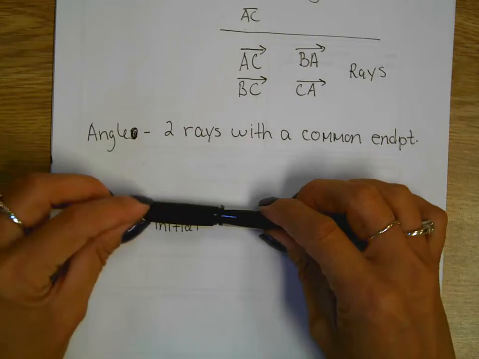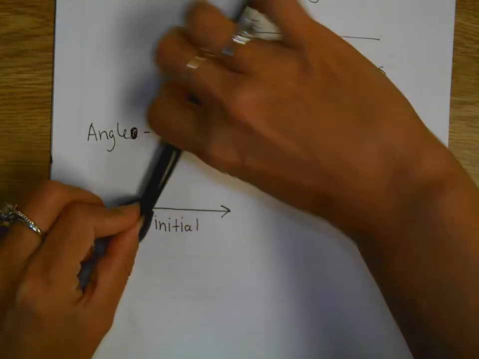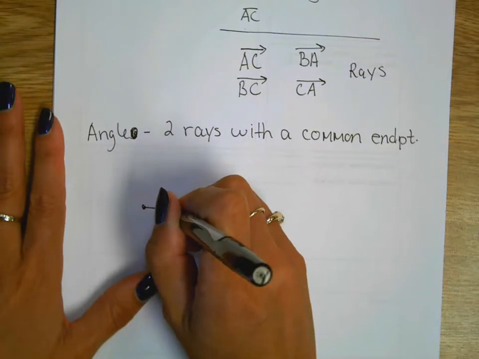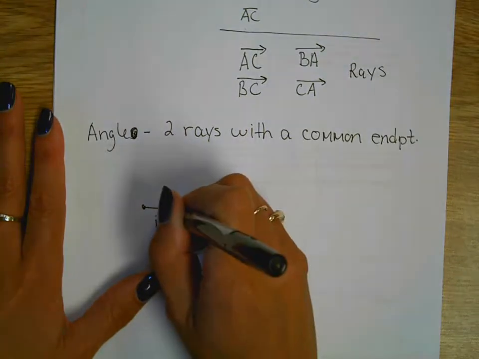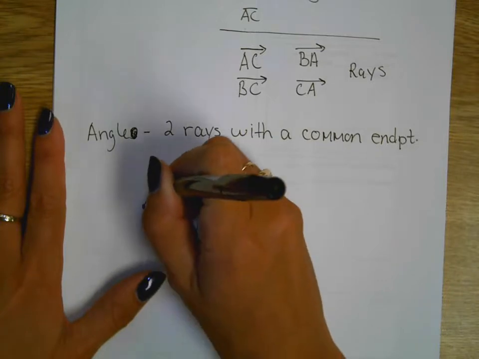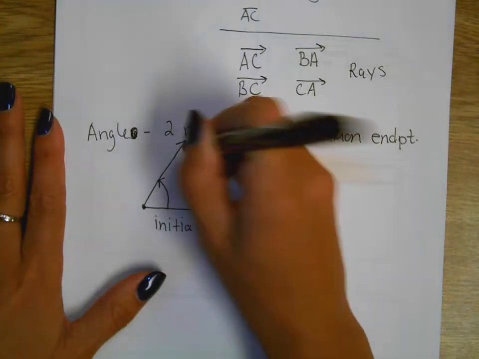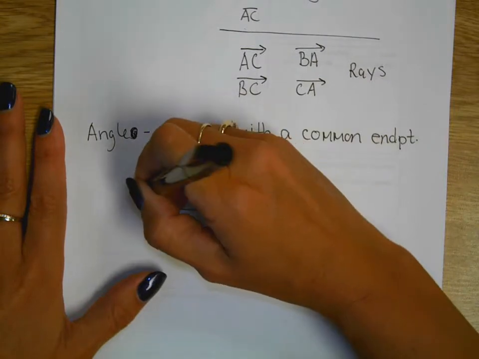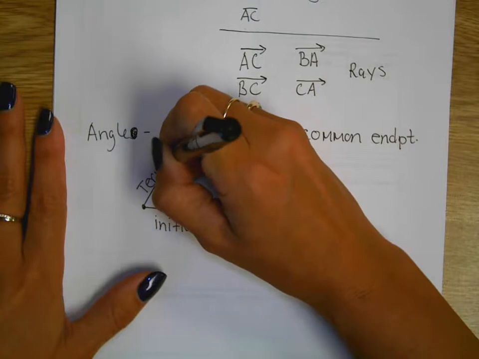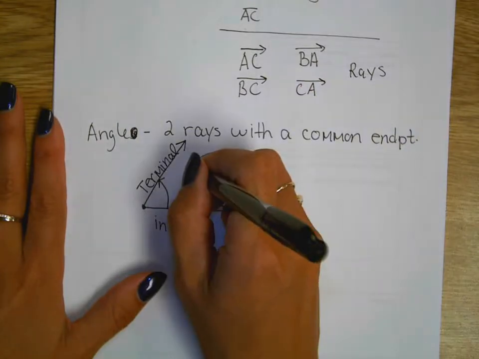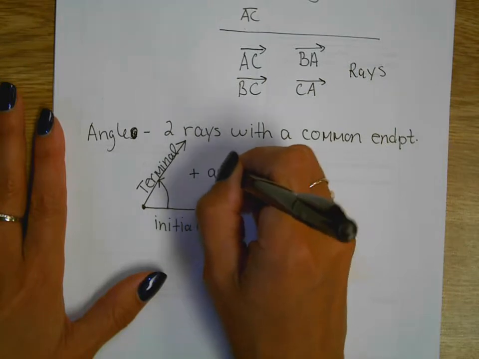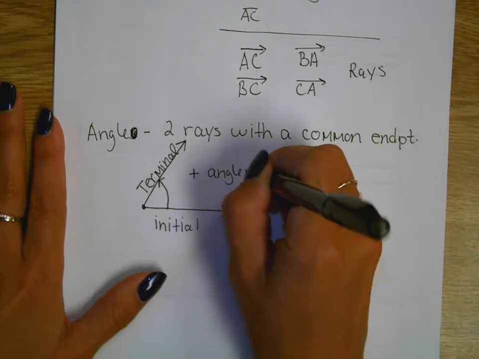Then if you take that and you rotate that in a counterclockwise direction, that's going to be considered a positive angle measure. It's a positive rotation, positive direction. This is called the terminal side, where it stops or terminates. This will be a positive angle measure.